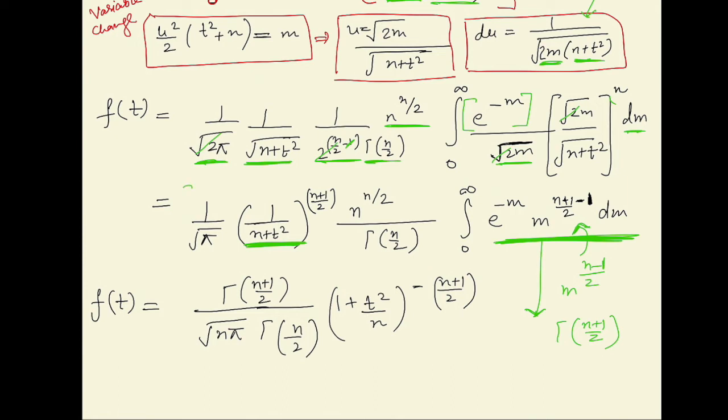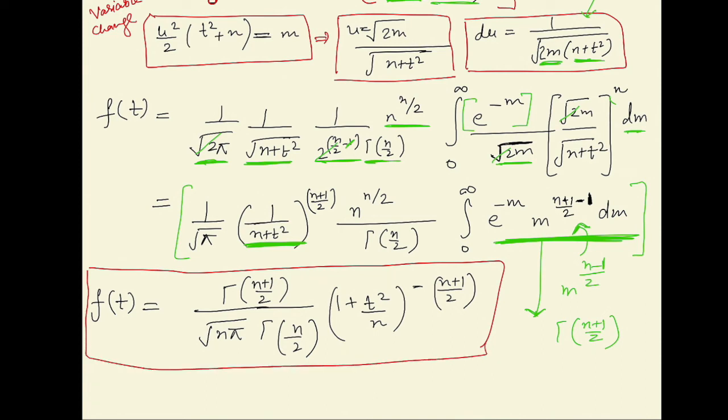So if you spend a few minutes on this, you'll get to this expression, and after that we just simply take n common from this term so that it cancels with n raised to n by 2, and we merge one of the n's with pi to get this final expression. So this is the final expression, and the domain for this is minus infinity to infinity.